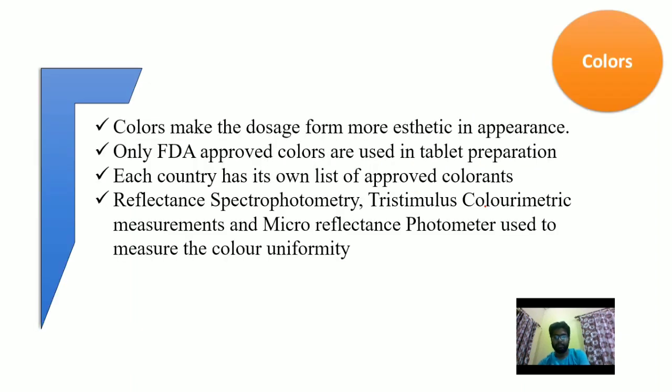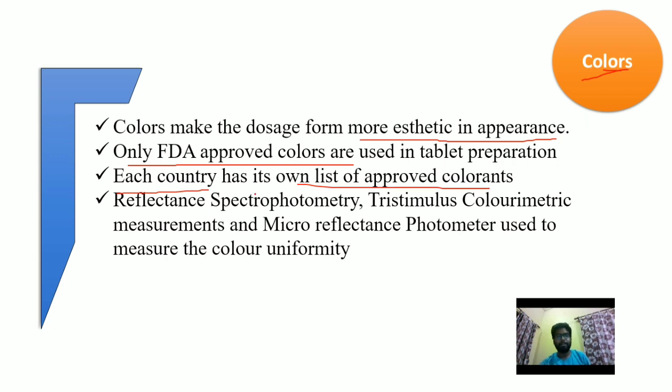Okay, then colors. See, colors are a very essential ingredient in tablet formulation. They give a more aesthetic appearance to tablets. Only FDA approved colors can be used in the formulation, and each country has its own list of approved colors.